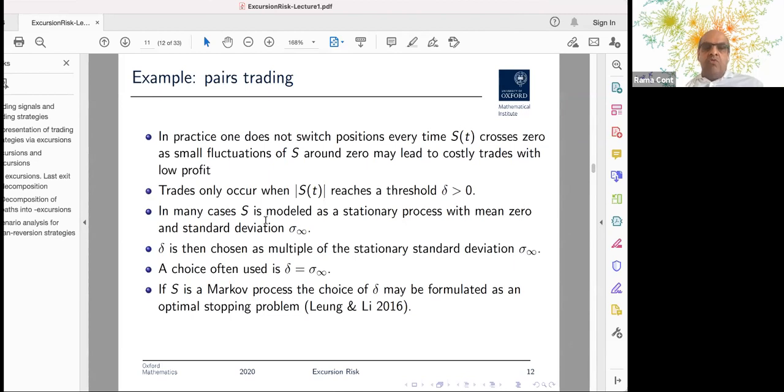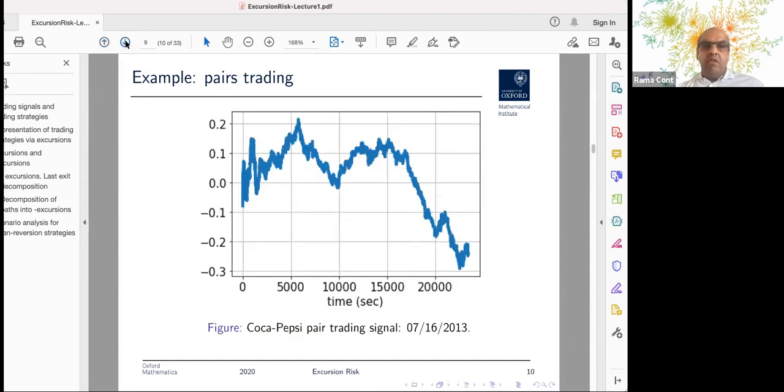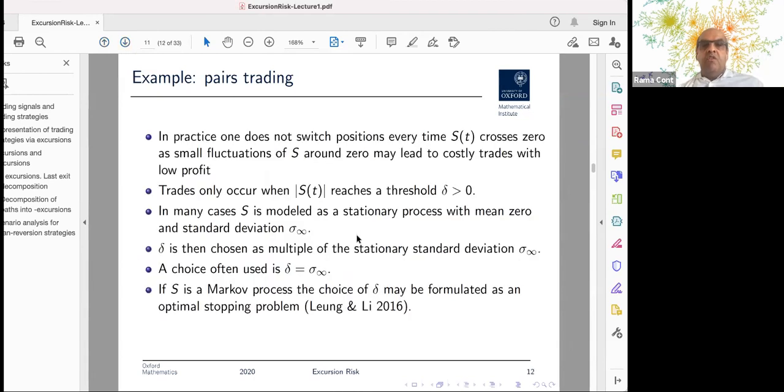Now, as you saw in these examples, these signals, if they are successfully constructed, will oscillate around a constant level, zero or something else. So we can always normalize them to have mean zero. In applications to pairs trading, they're modeled as stationary processes with mean zero and some standard deviation. 99% of the papers on pairs trading use the Ornstein-Uhlenbeck model, and we will come back to it on Wednesday.